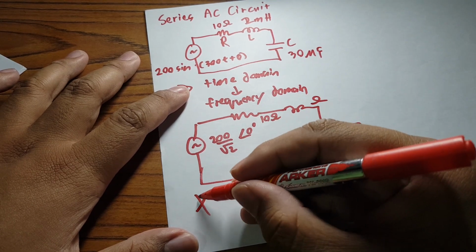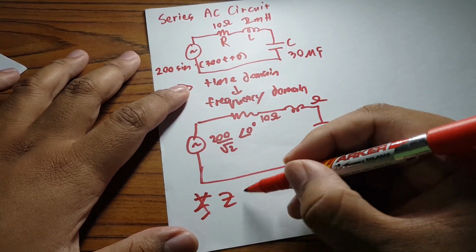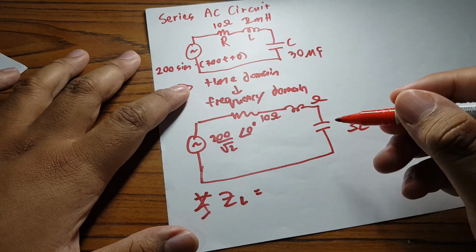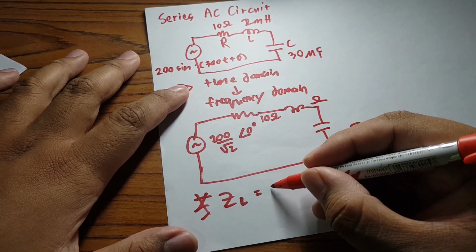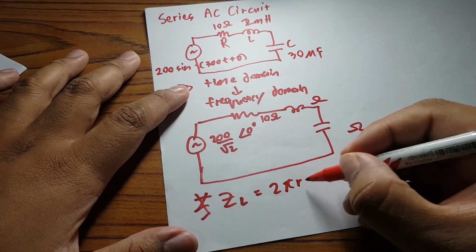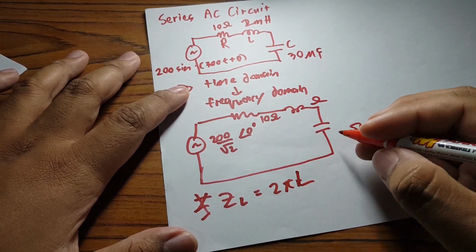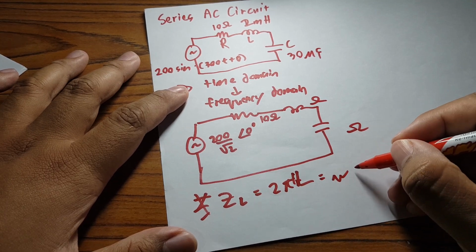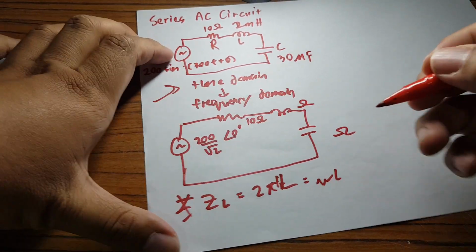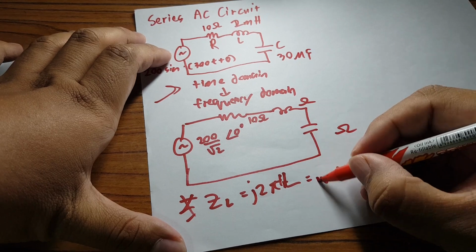ZL, which means the impedance of an inductor, is j 2 pi F L, or j omega L, and don't forget the j.